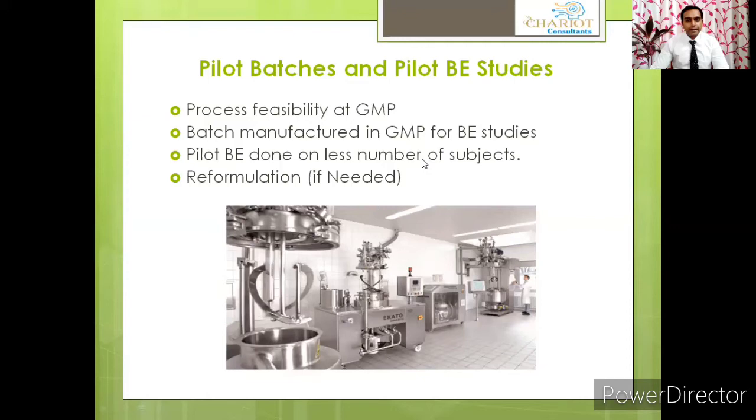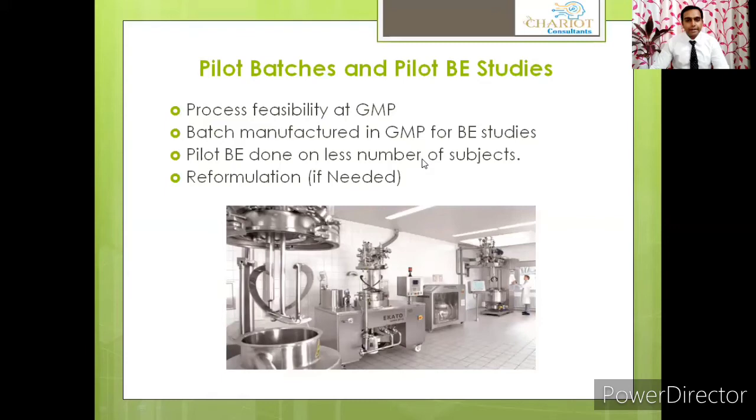If things go in the right direction, if the formulation is bioequivalent in terms of your AUC and your Cmax, and it is comparable with your innovator, then you can go forward for your later stages, which are scale up or exhibit batches. But in certain cases, if the bioequivalence fails in your pilot batches, then you need to reformulate.